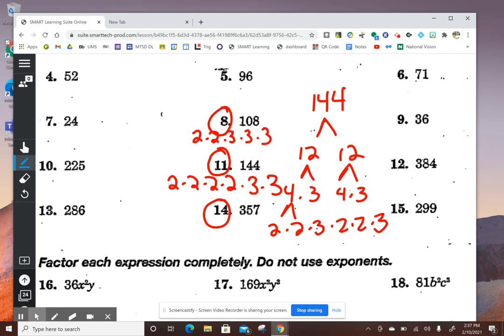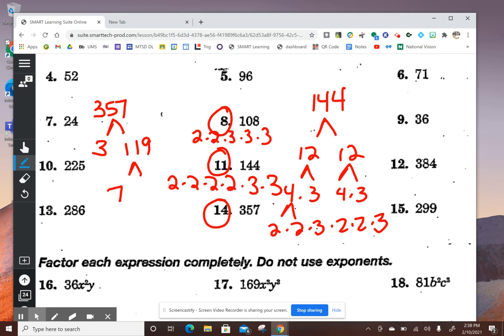Okay, and then 357. 3 plus 5 is 8 plus 7 is 15. 15 is divisible by 3, which means 3 goes in. And 3 goes into 119. 7 goes in.